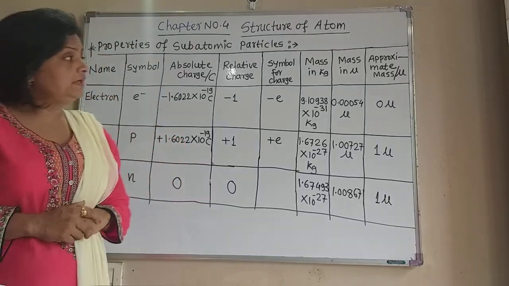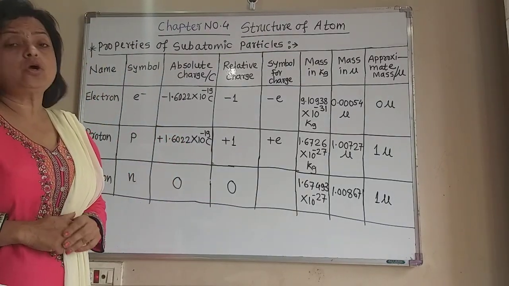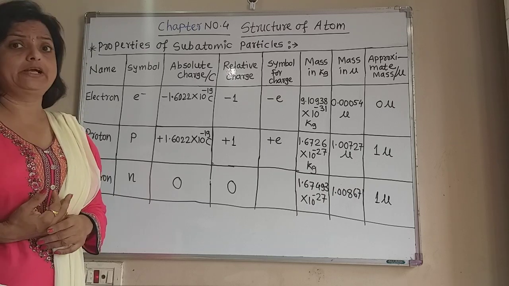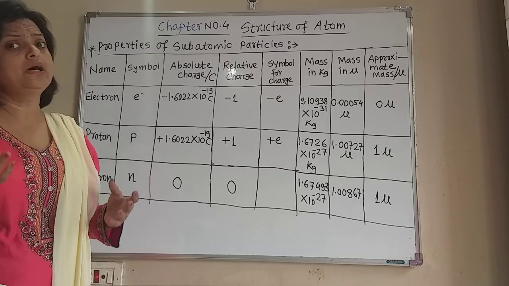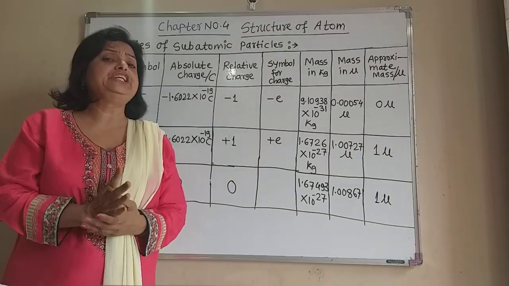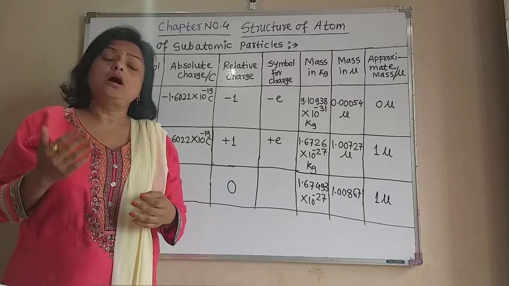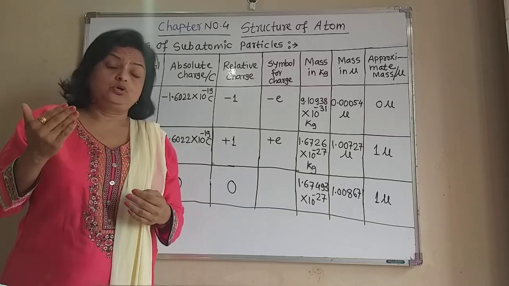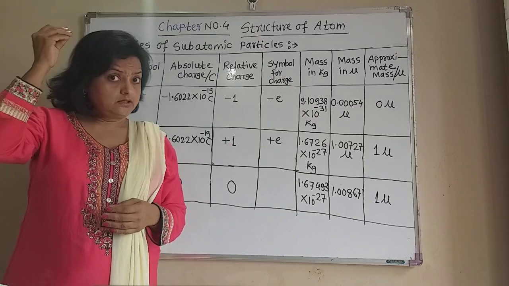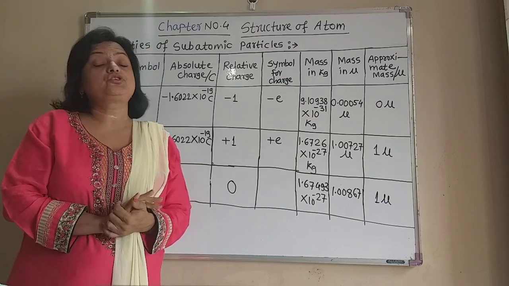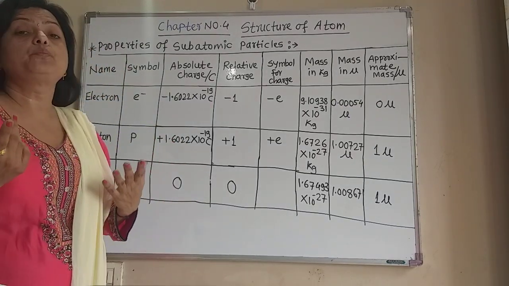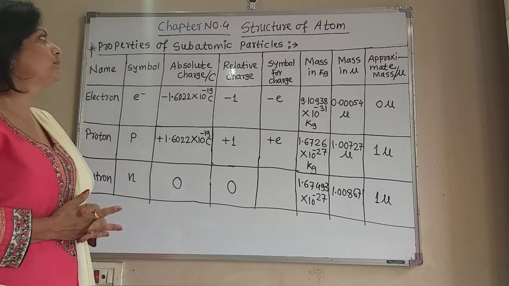The masses of the subatomic particles are definitely smaller than that of the atom; 10 raised to minus 24 is already very negligible. Here again we calculate the mass of the proton, electron and neutron, which is below this 10 raised to minus 24 kilogram.